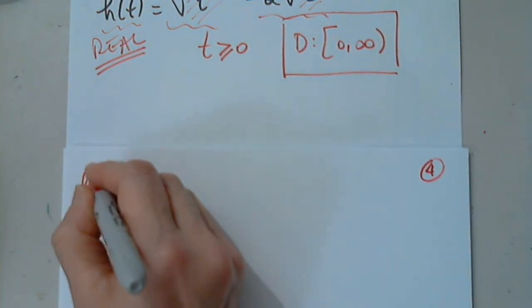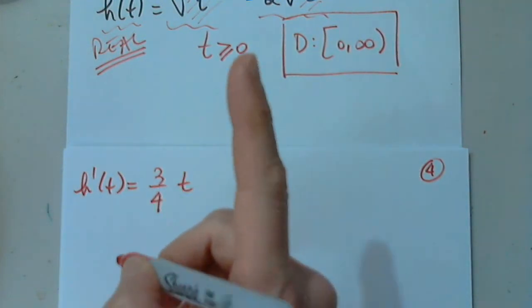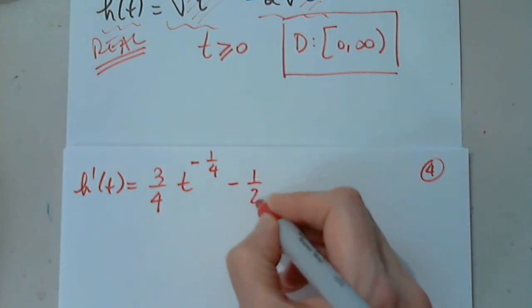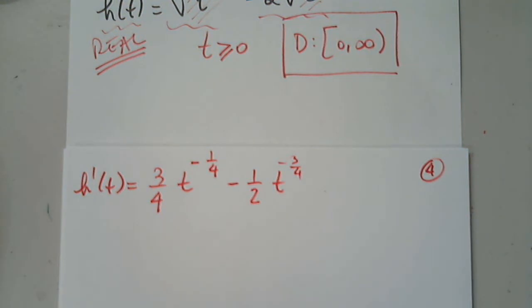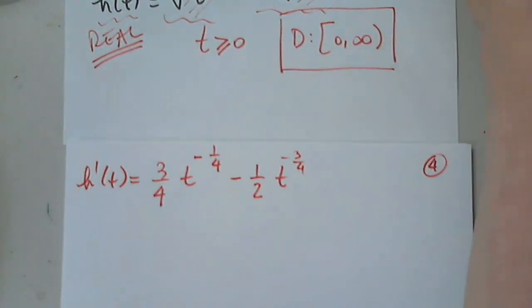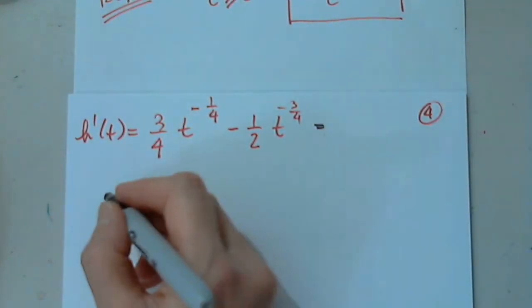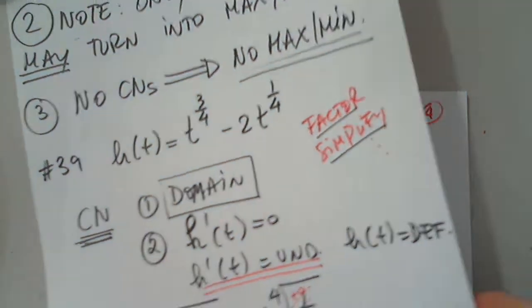So we have h prime: bring down 3/4, subtract 1 from 3/4, bring down 1/4, subtract 1 from 1/4. And now it gets ugly. Again, please look at the function with no negative exponents, or better, factor and simplify it if possible.